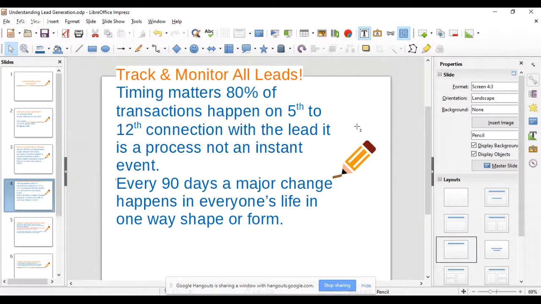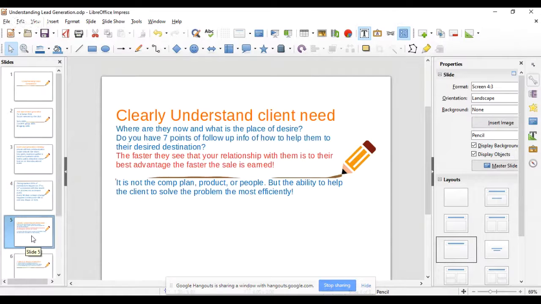Every 90 days, there's a major change that happens in everyone's life in one way, shape, or form. And when you understand this as an entrepreneur and are consistent with your follow-up based on what's important to the person you're communicating with, the more successful you'll be at converting those leads into sales.